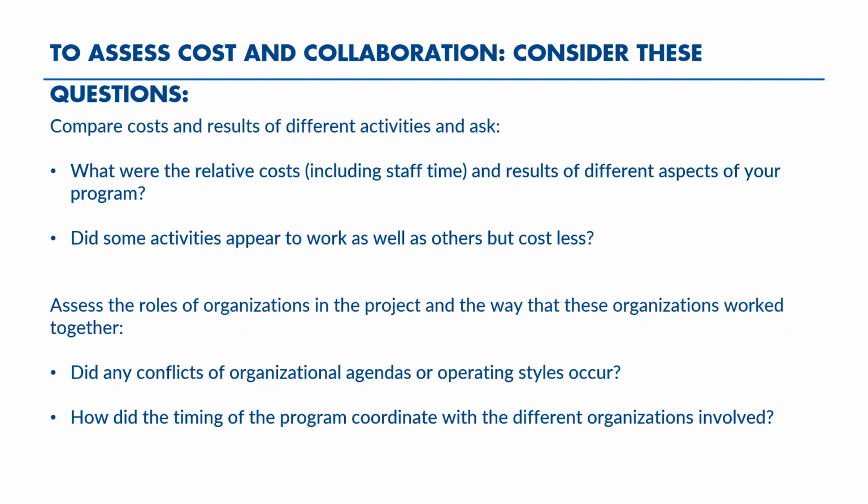And then the final question is, how did the timing of the program coordinate with the different organizations involved? So timing is something that I think is very important in terms of making sure that everyone's on the same page, on the team, working to the same deadlines, but also that the interdependencies within the program in terms of delivery and coordination as well is optimal.